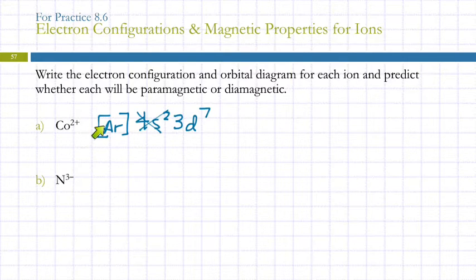So here's the electron configuration. Argon 3d7. Let's look at the orbital diagram. So there's 4s, no electrons in that one.